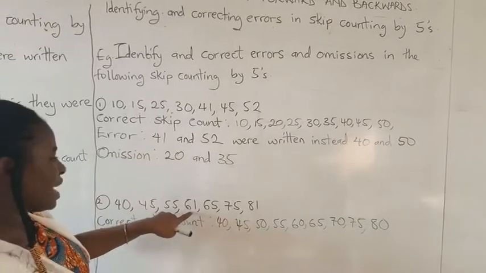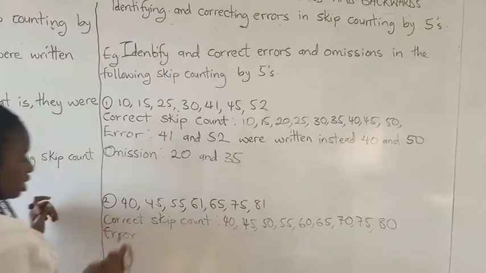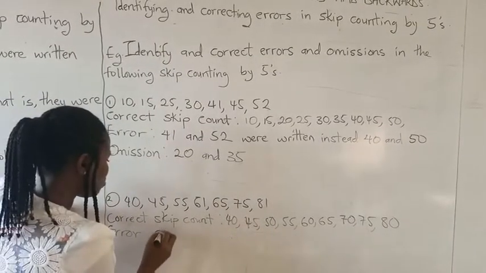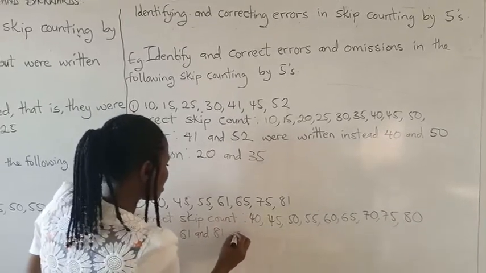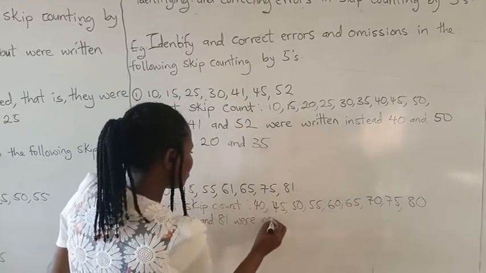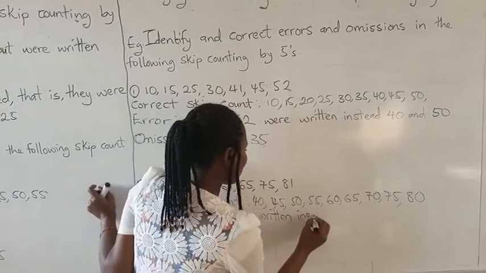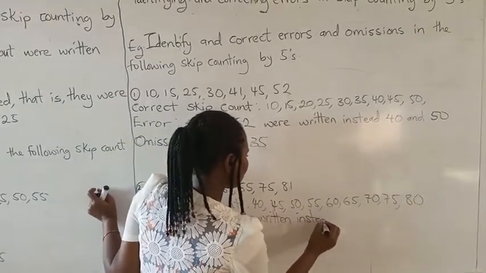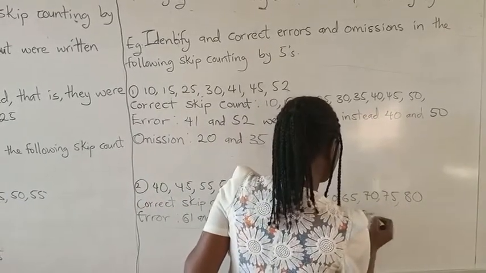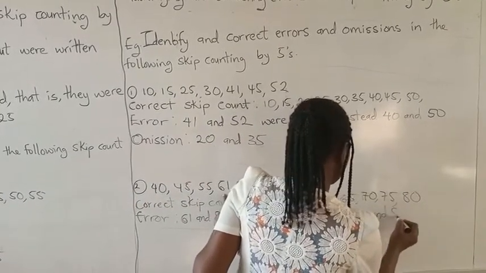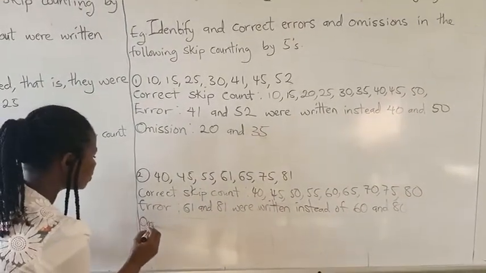Now we have something like 61 and 81. They are both errors. Okay, so we have 61 and 81 were written instead of 60 and 80. Good.